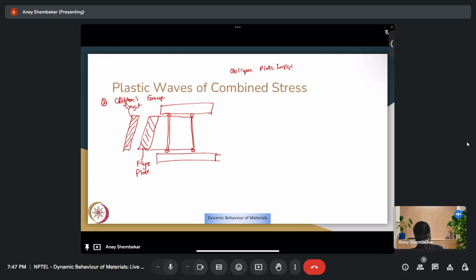It's in a pressurized barrel. This is the sabot, also the projectile. This is the barrel.